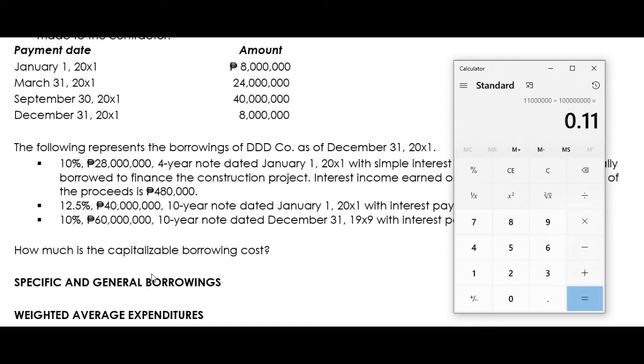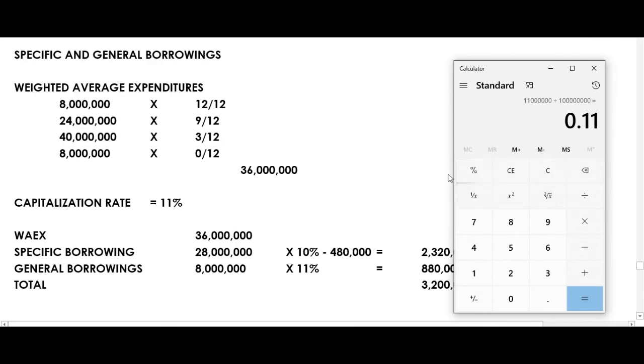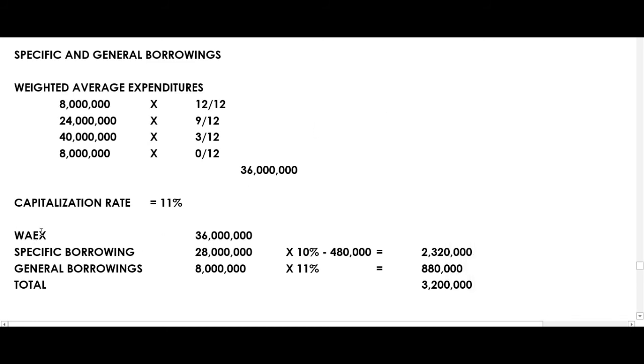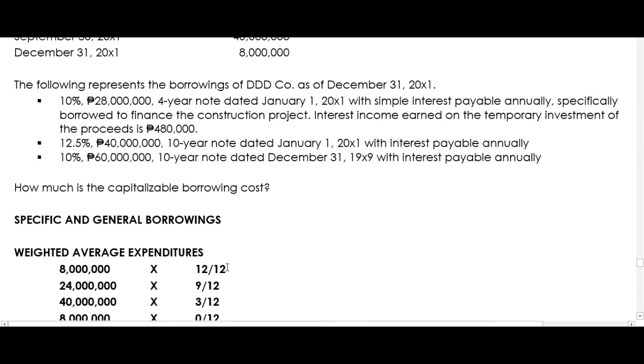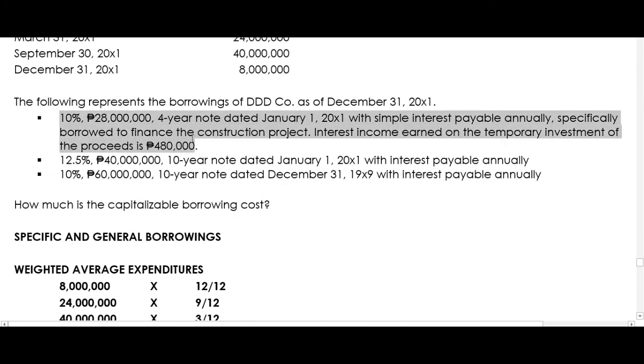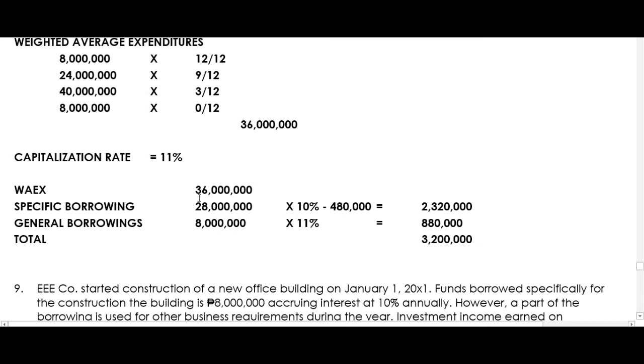Okay? So, paano natin gagawin yan? Tuloy yung computation. Ang WAEX natin, or weighted average expenditure based on this computation is 36 million. Yung inutang natin specifically for the construction as provided in this information is 28 million. Okay? So, tatanggalin natin siya dito. So, 36 minus 28 na specific borrowing, ang manggagaling sa general borrowings ay 8 million.